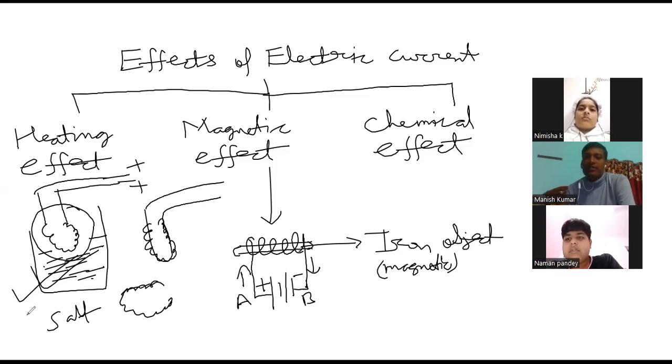Wherever heating effect is there, magnetic effect is there, there is chemical effect too. Whenever you are passing electric current, there are also chemical changes to both the parts. Every part is having a chemical change, either minor or major. So we have seen three effects of electric current: heating effect, magnetic effect, and chemical effect.